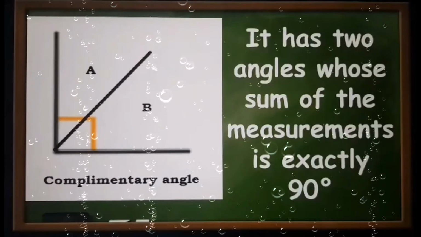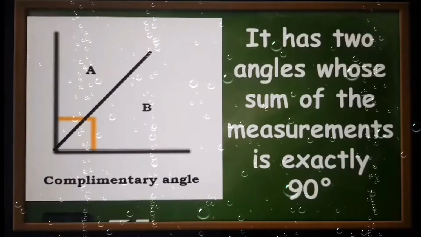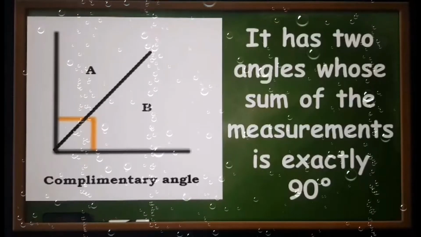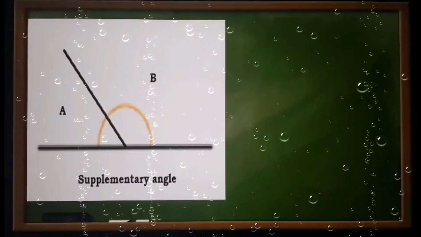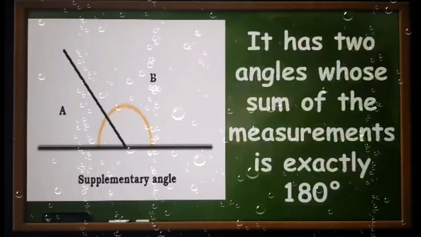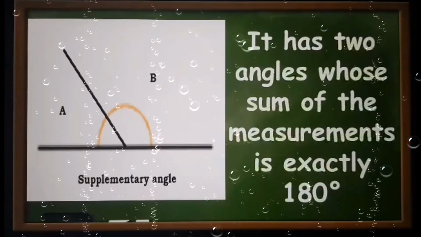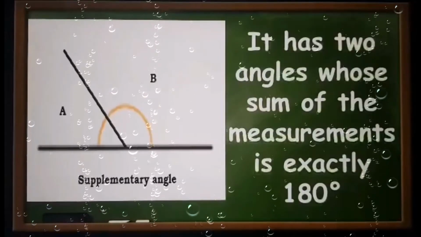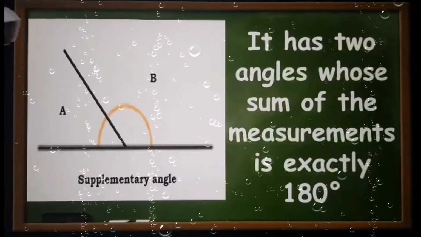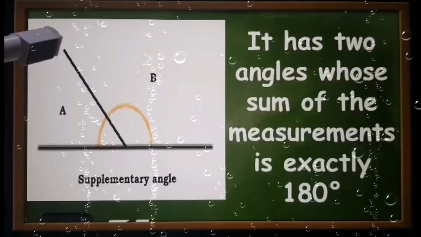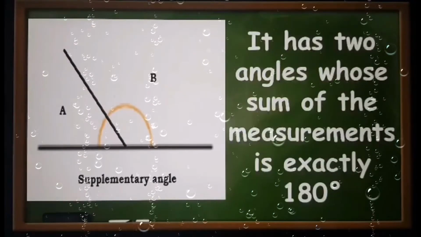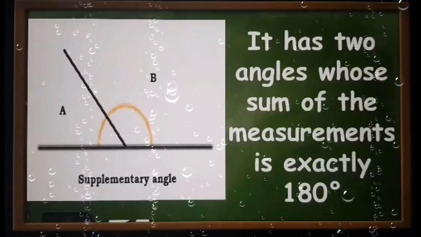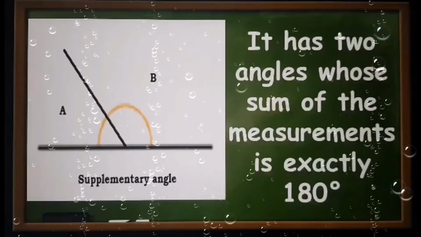The total is 90 degrees. Supplementary angle. It has two angles whose sum of the measurement is exactly 180 degrees. Let us try angle A. If A is 60 degrees, B is 120 degrees.